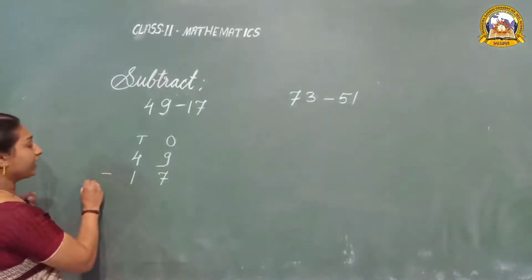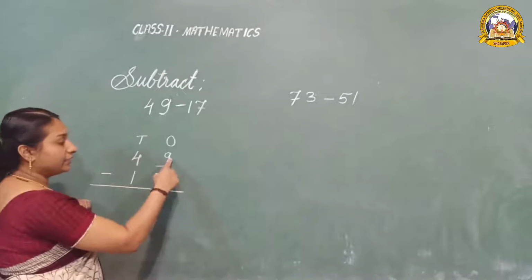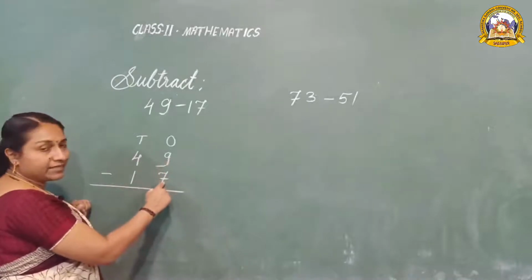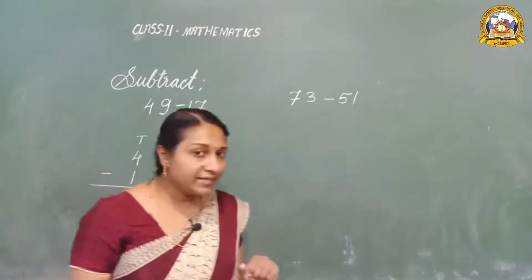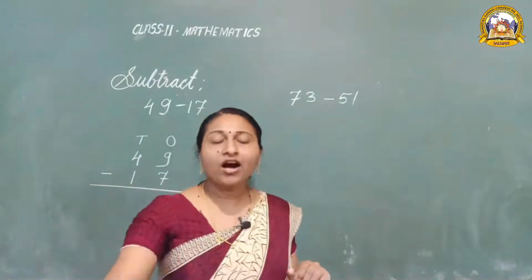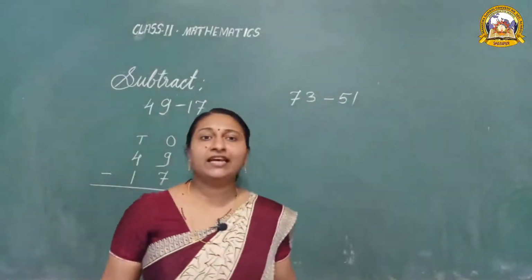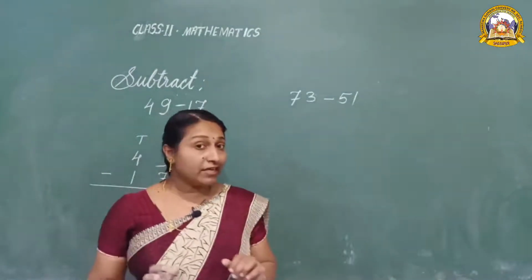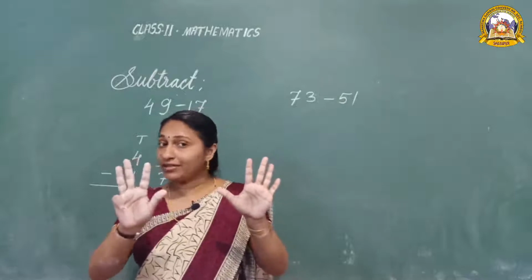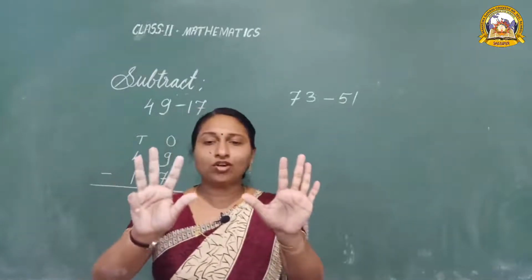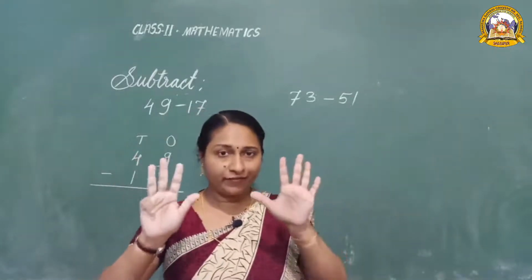Okay, let us subtract. Here 9 minus 7. How can we do that? Yes, children, take your 9 fingers. Okay, show me. Yes, good. Total 9 fingers.